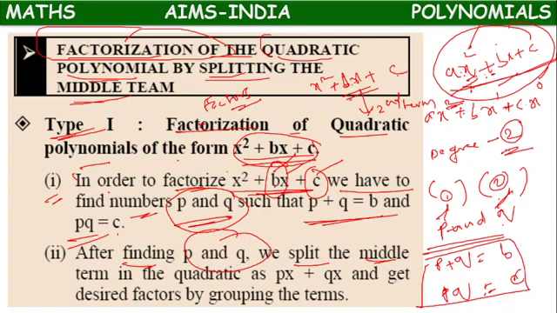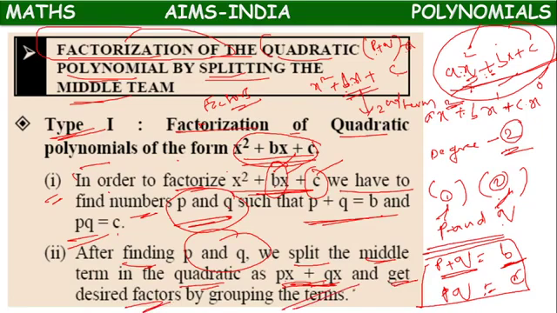We will split bx into px plus qx, because we can write b as p plus q. So in place of b we take p plus q of x, means px plus qx. So we will split bx into px plus qx and get the desired factors by grouping the terms.